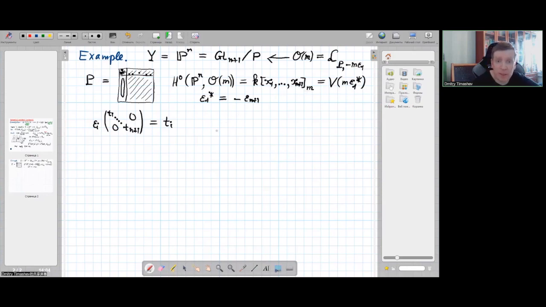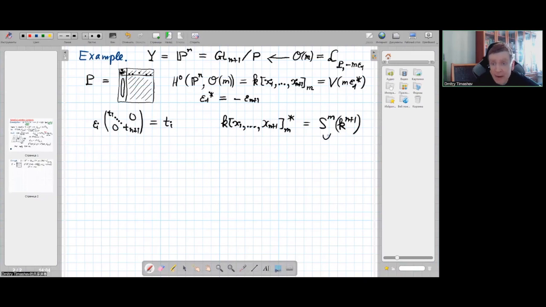So let me write it down here, maybe some digression. If you take the dual space of this, then it is just the mth symmetric power of k^(n+1).